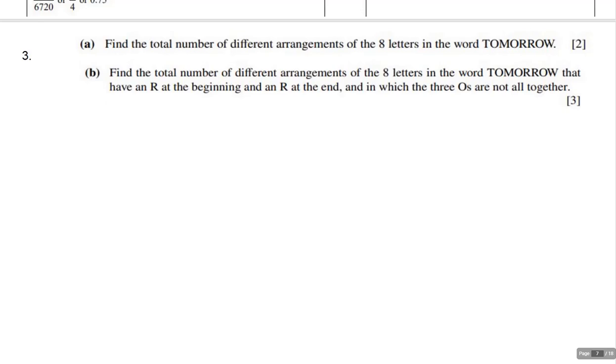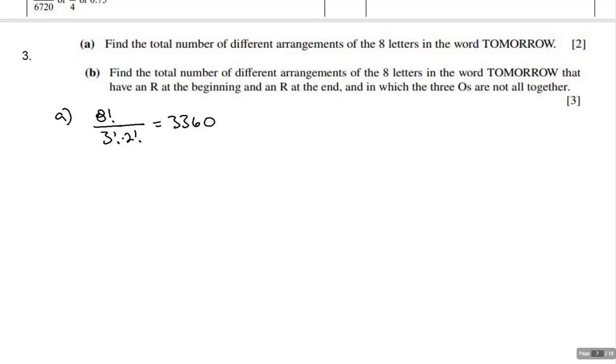How'd you get that? I did 8 factorial over 3 factorial times 2 factorial. Alexa, does that make sense to you?